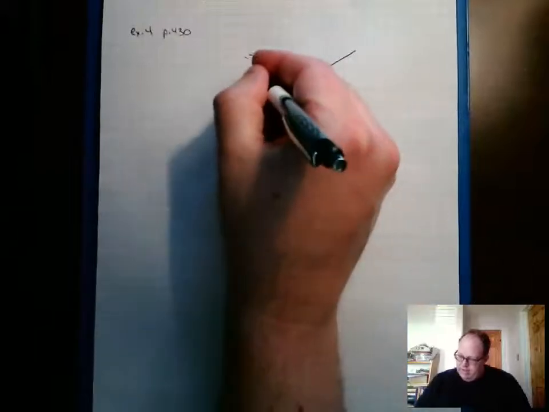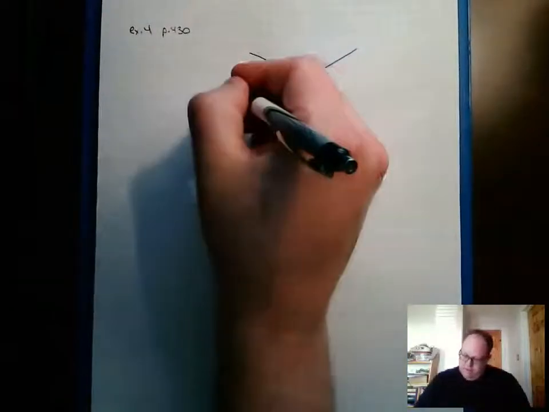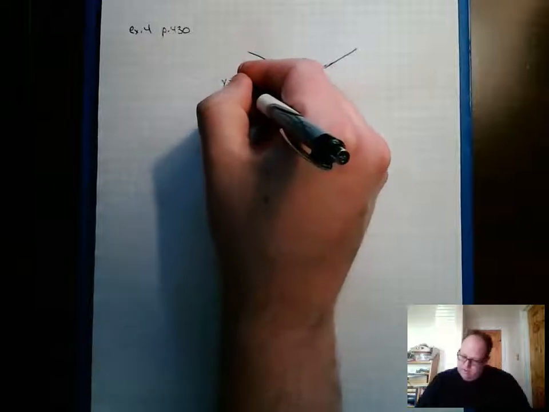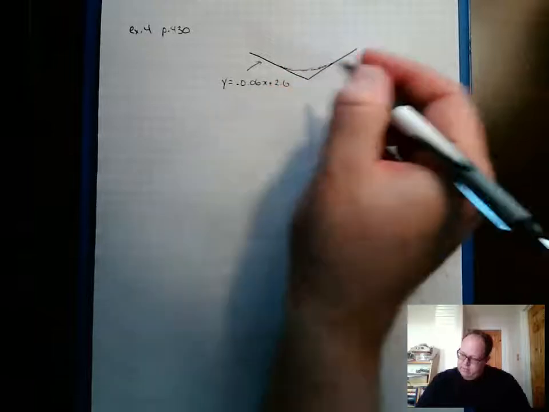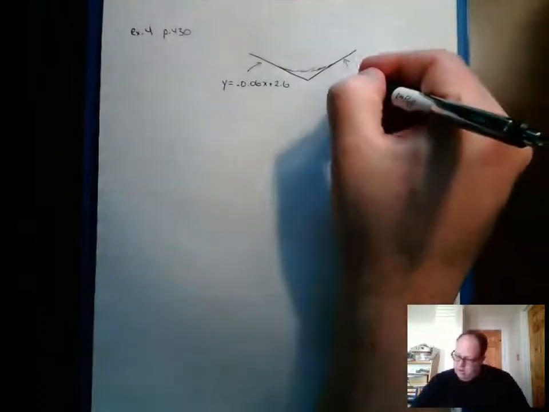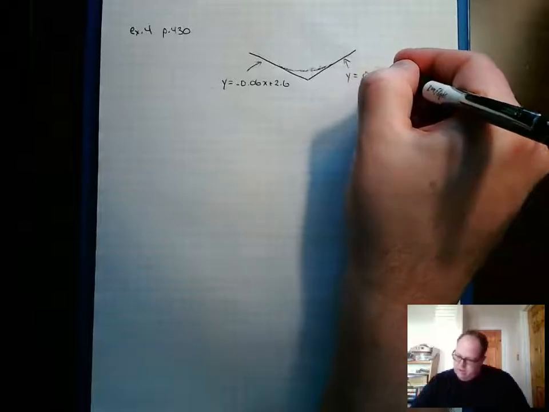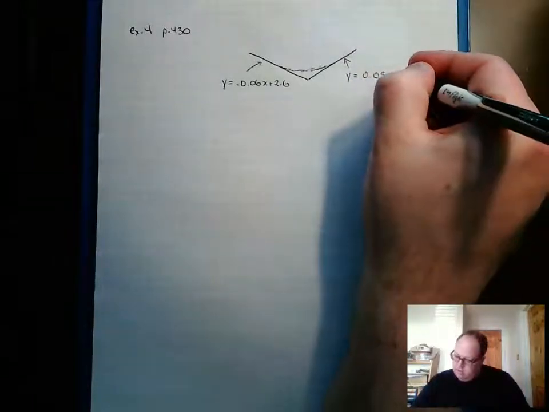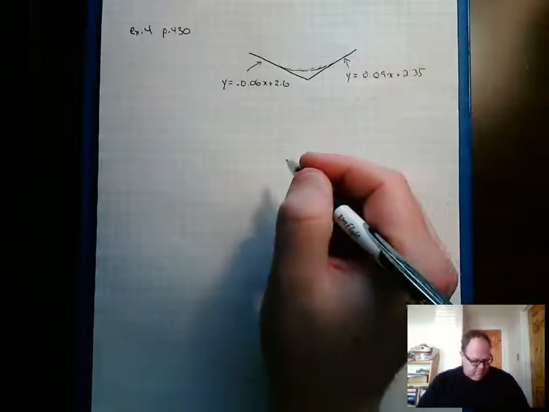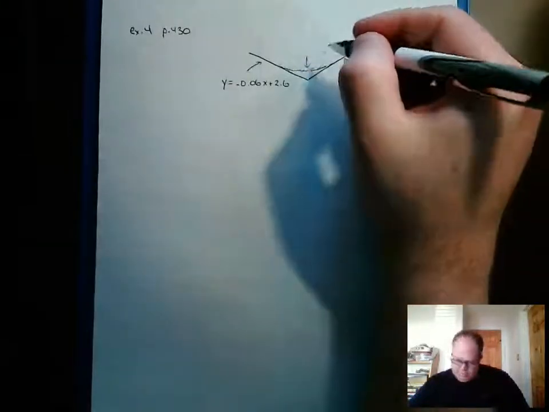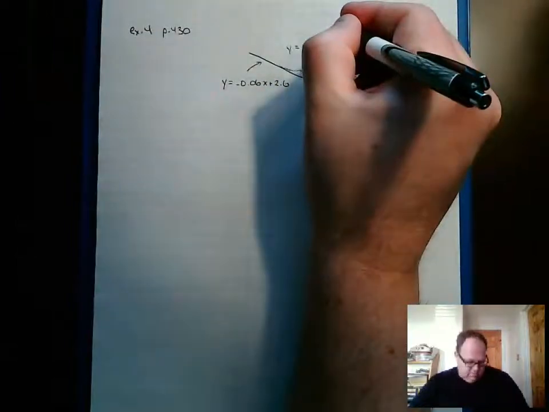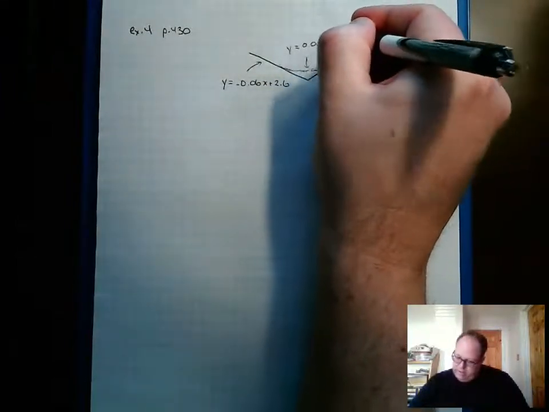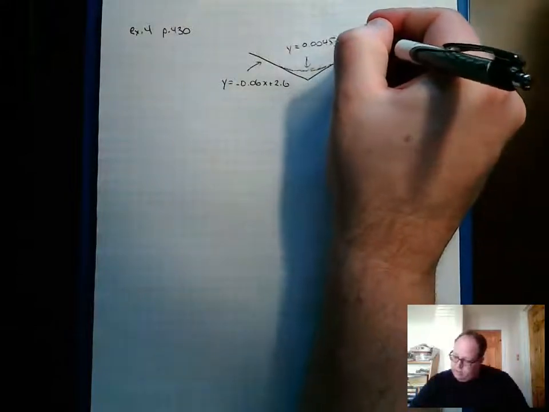So, our two lines, as in the example, could be modeled by equations y equals -0.06x plus 2.6, y equals 0.09x plus 2.35, and the quadratic can be modeled with y equals 0.0045x squared plus 2.8.